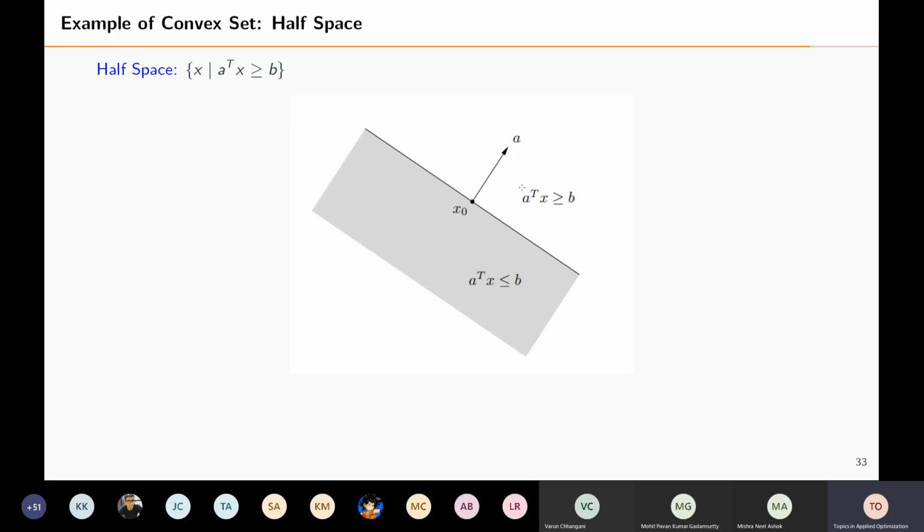The points that are on this side of the hyperplane, by this side I mean the points that are closer in angle to A, or in other words, making acute angle. Those will be on this side. For example, this point is making acute angle, this point, this point, this point.